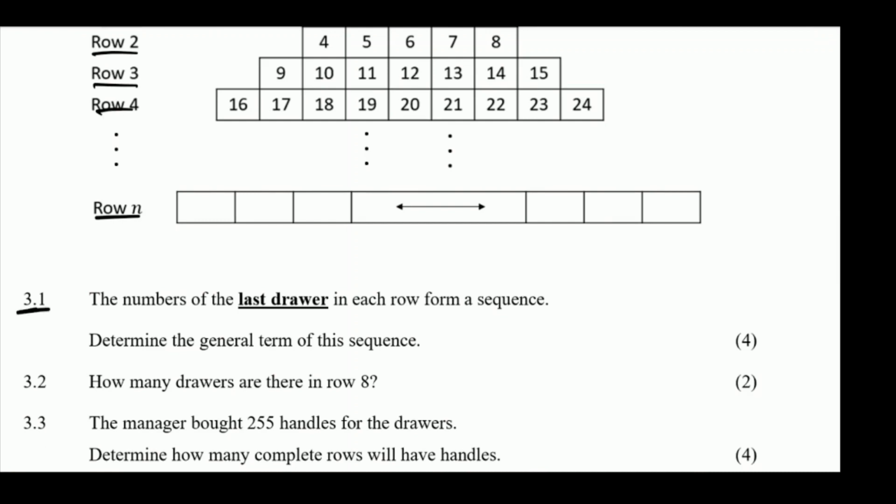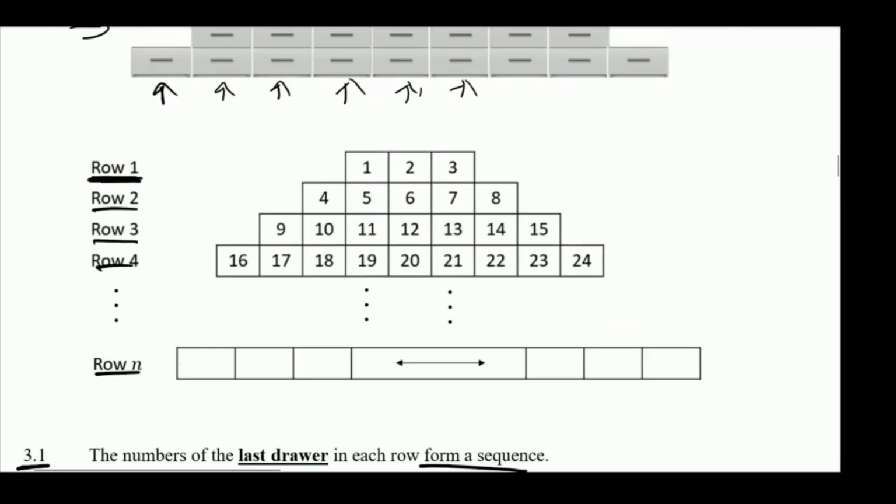Okay, so 3.1 says that the numbers of the last drawer in each row form a sequence. Determine the general term of the sequence. So what we are told here is that the last drawer of each row, so this is row 1, the last drawer is this one, the last drawer is this one, the last drawer is this one, and the last drawer is this one.